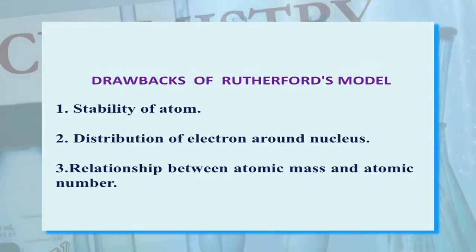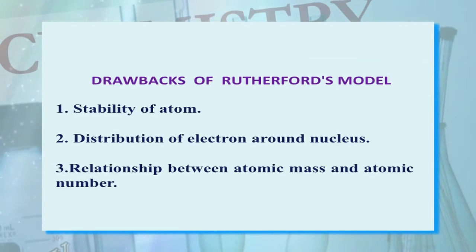Now, after this Rutherford atomic model, there were also some drawbacks. The drawbacks of the Rutherford model were like this: the stability of the atom, that means the Rutherford model does not explain the stability of the atom, that is the actual position of electrons and protons in an atom.